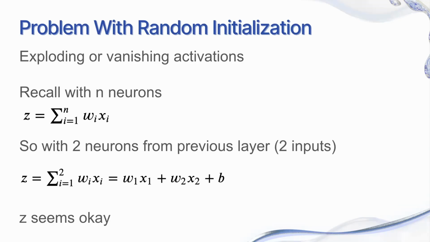And there should be a bias term too. I forgot, but in this case it doesn't matter too much. Let's just say it's 0. So with 2 neurons from the previous layer, your activation would be something like W1x1 plus W2x2 plus a bias term.